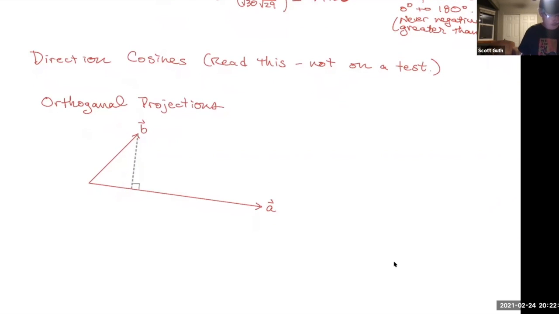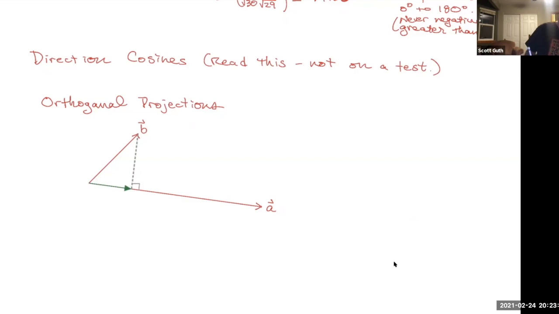Okay, and I want to figure out what the projection of B onto A is. Let me see if I can draw that in here. It didn't let me do it. That's good.